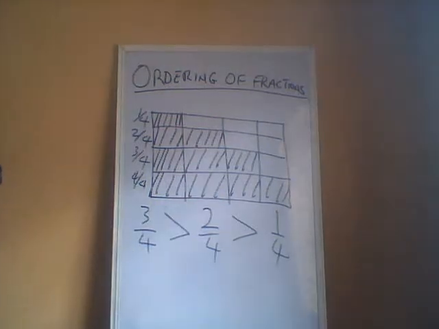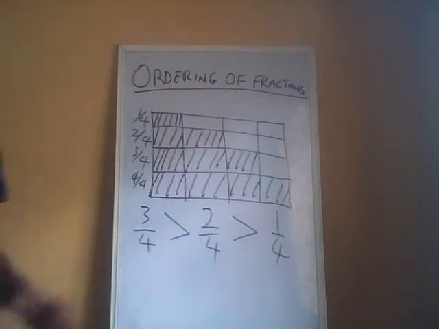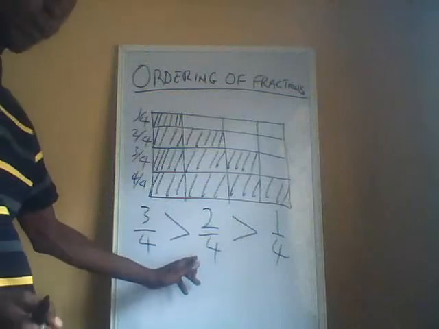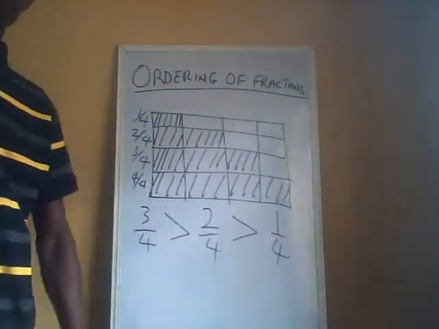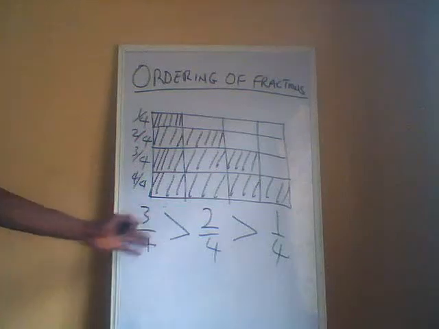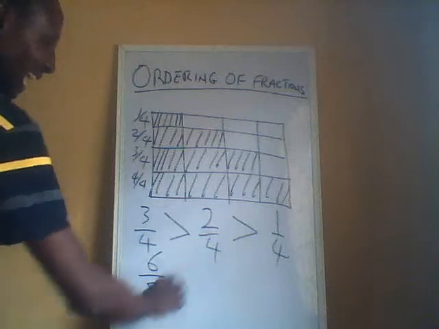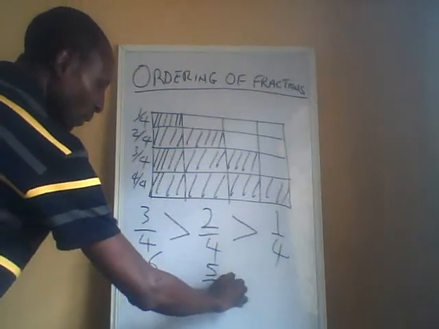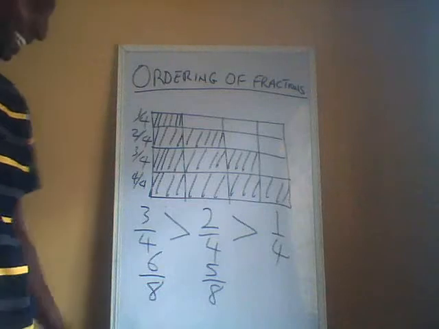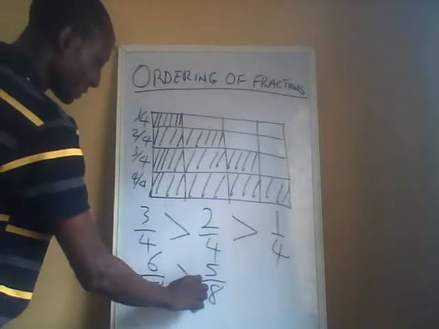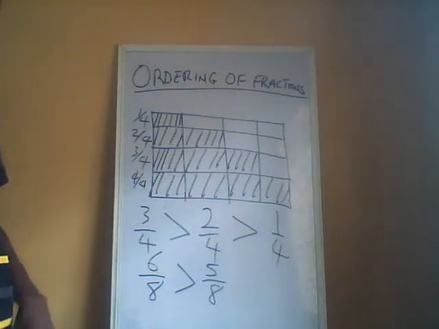Who scored the most? It is 3 out of 4. In an exam, somebody who scored 2 out of 4 scored more than someone that had 1 out of 4. So if I have 6 over 8 and I have 5 over 8, same denominator, 6 out of 8 is more than 5 out of 8.